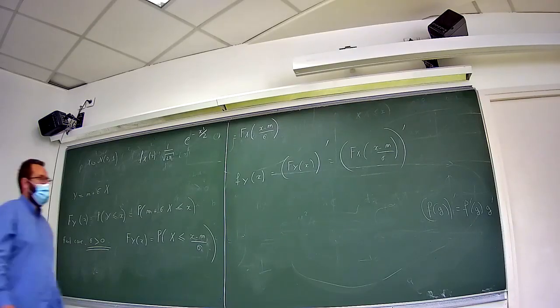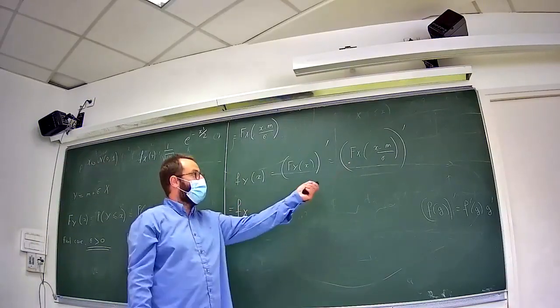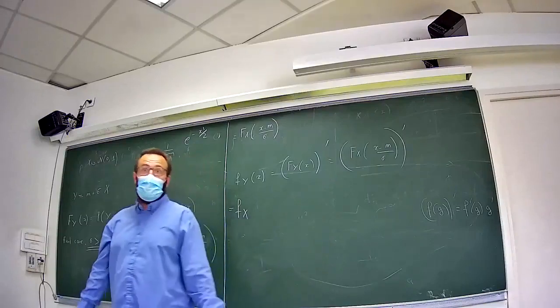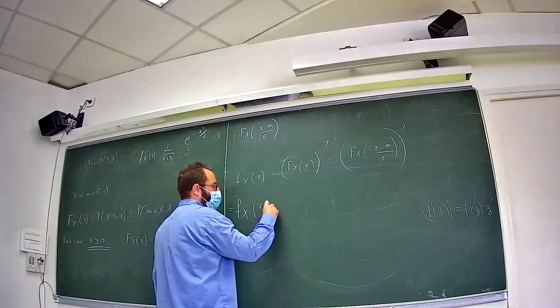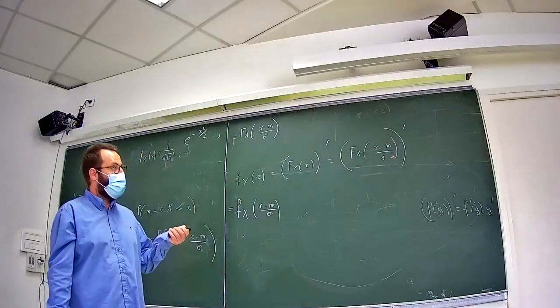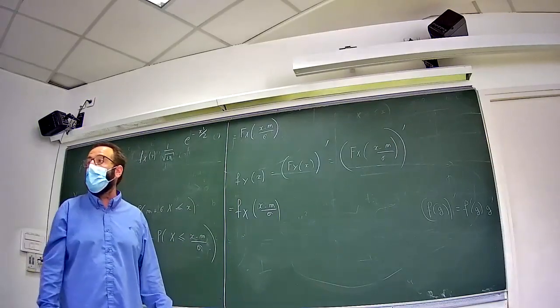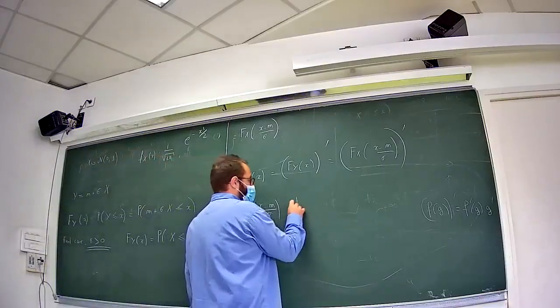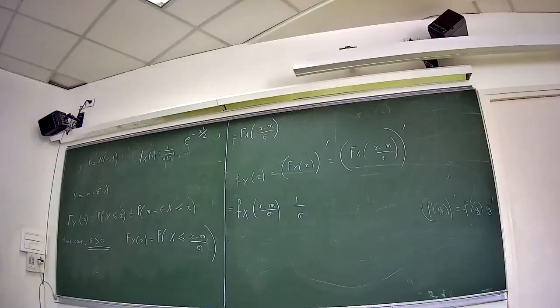The density of X at the point (x minus m) over sigma, that is my j here, multiplied by the derivative of what I have inside, which is simply 1 over sigma. And in fact, now I have finished the job. The only thing I have to do is plug in the density of X, and I have this expression for the density of X.